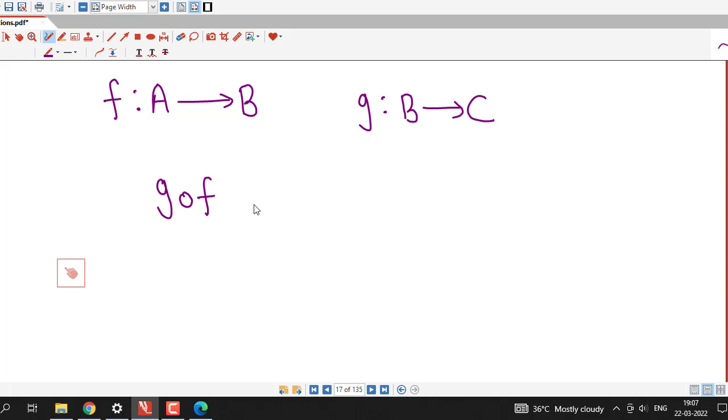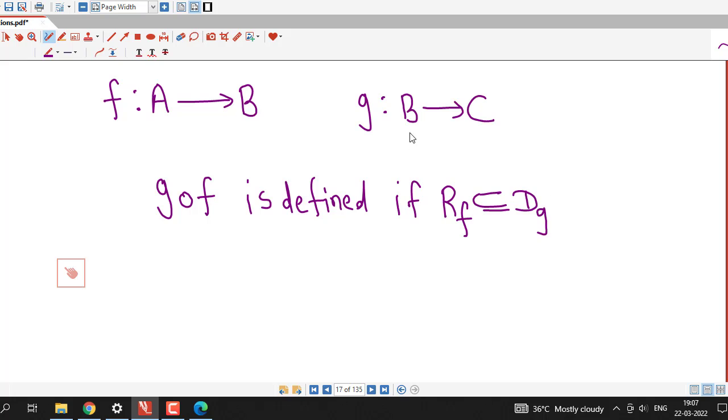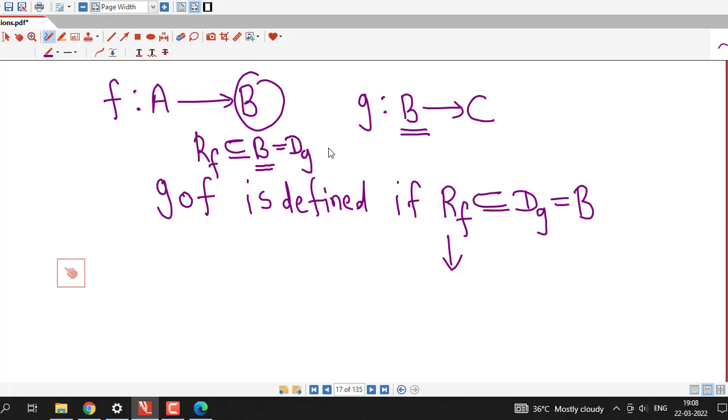For g∘f to be defined, g∘f is defined if range of f is a subset of domain of g. Here domain of g is B, and range of f is always a subset of its codomain, which is B here. So range of f is a subset of B, and here B we have considered as domain of g.